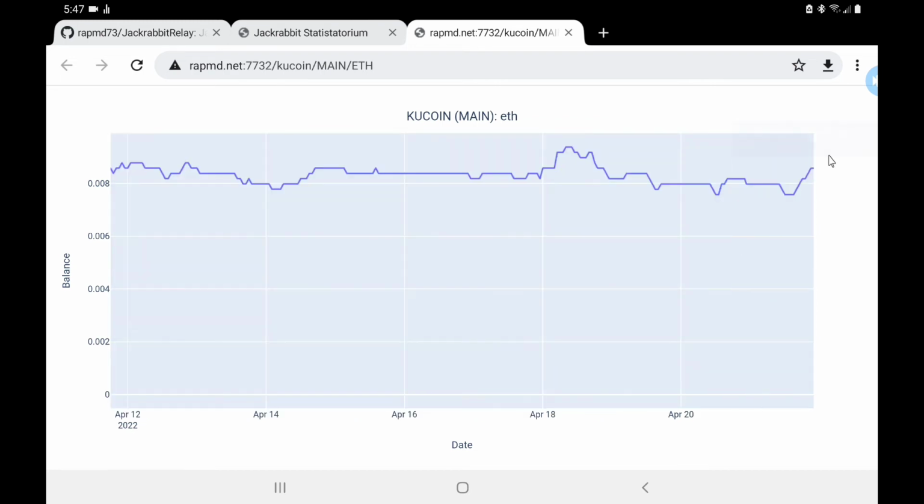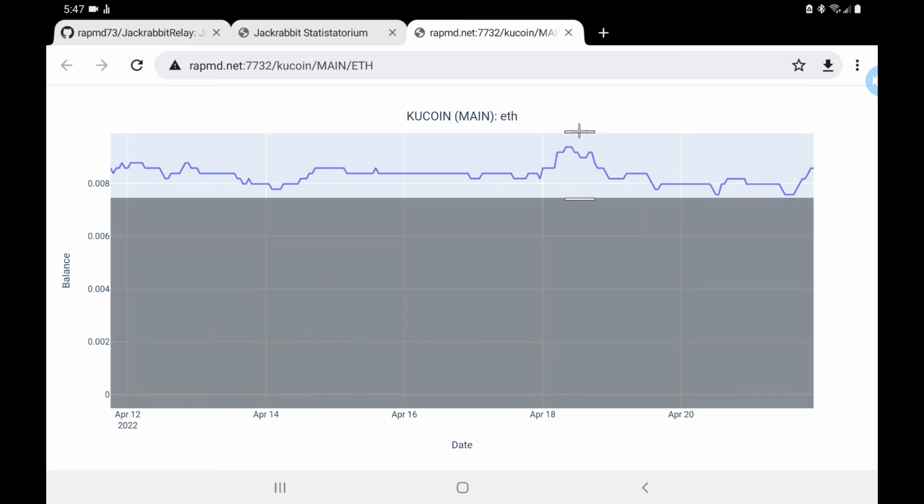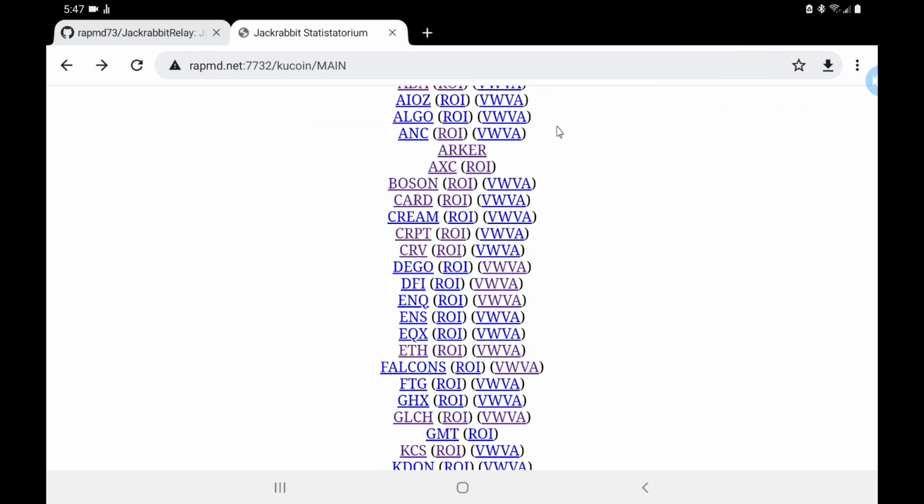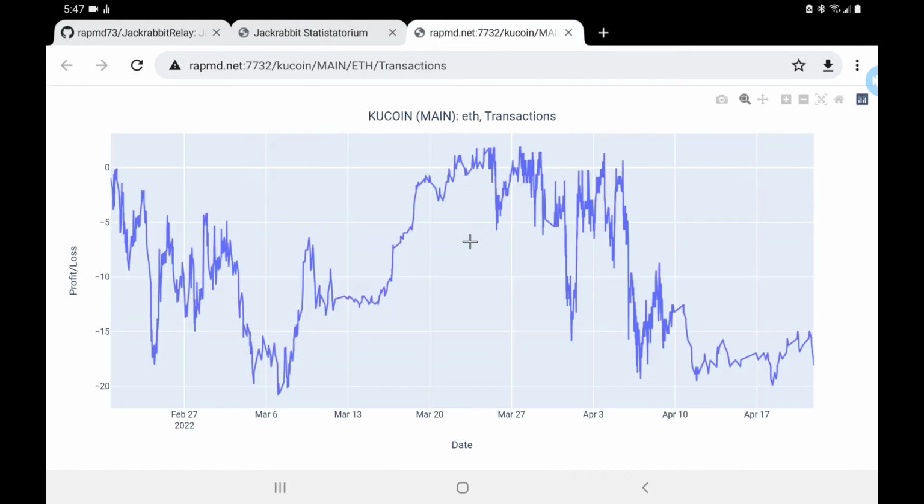Let's zoom in. Nothing special here. Pretty straightforward. Now let's look at my current return on investment. It is important to remember that these are completed transactions.